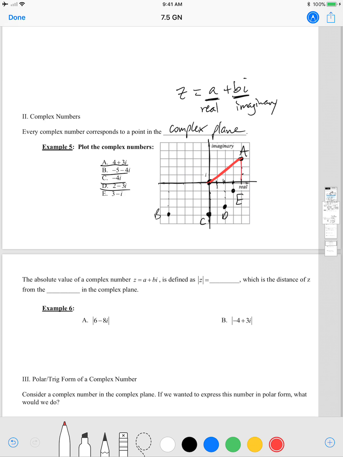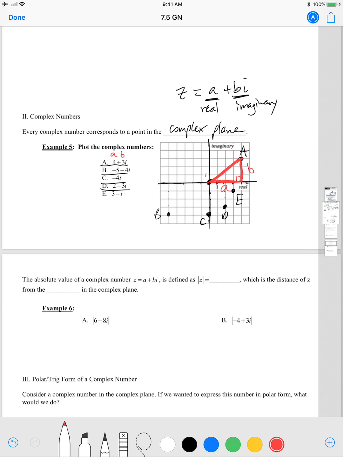Well, here's our triangle. This leg right here is the real part. That's the a part from this number. And this part right here going up was b. That was this part of a complex number, the imaginary part of the complex number.